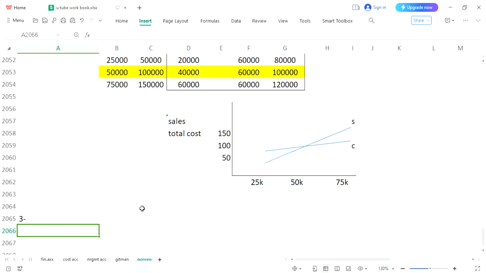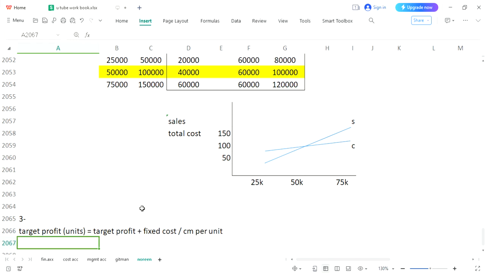So target profit in terms of units is needed. So how do we calculate? We need to put target profit, and then it would be added to fixed cost and divided by CM per unit.